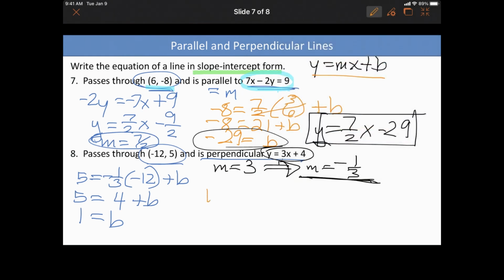So y equals -1/3 x plus 1. There you are. So really be careful with these two problems. Read every question. They may be very different. Don't assume things. So perpendicular, opposite reciprocals, and parallel, equal slopes.